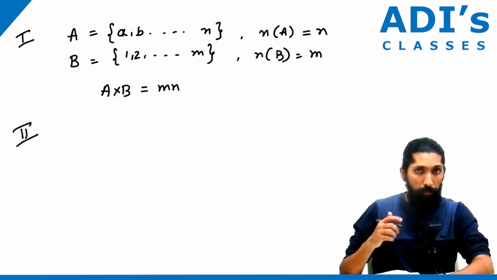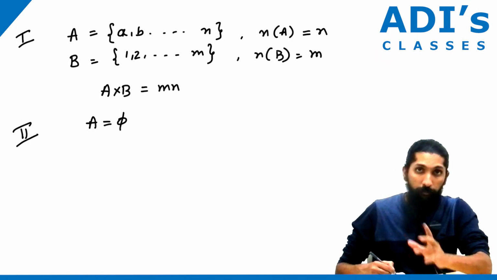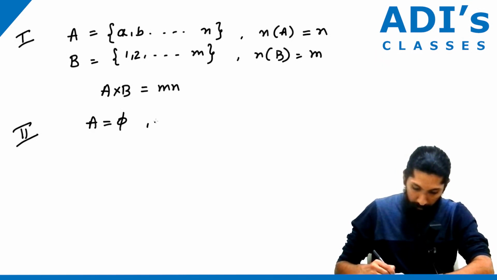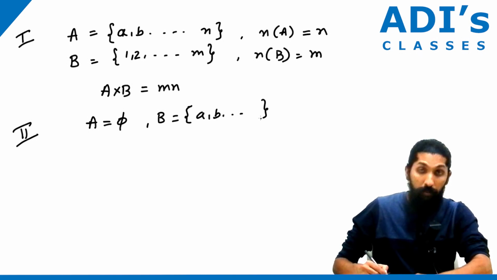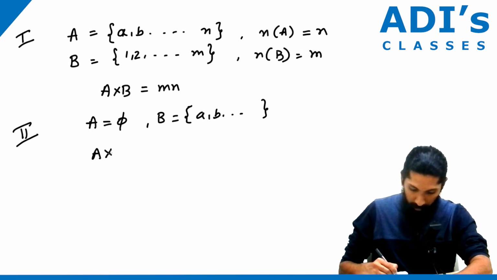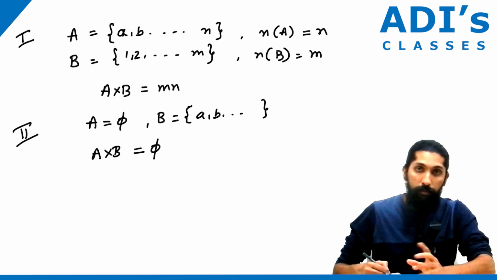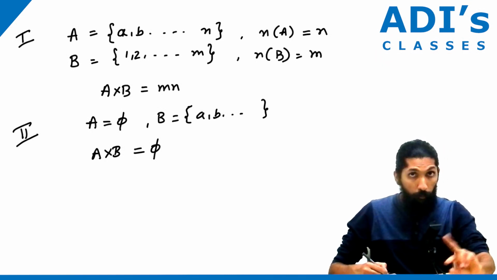The second one is, suppose A is a null set, and B is some finite set. So in B you have a certain set of elements like a, b, c, d, and so on. Now A cross B becomes a null set, or vice versa.